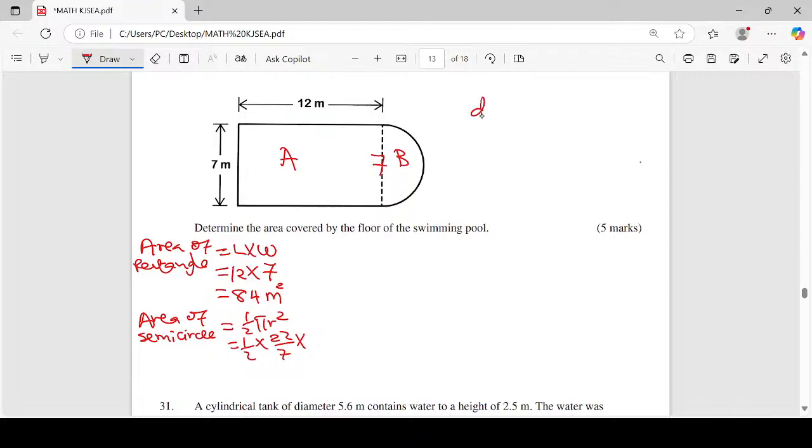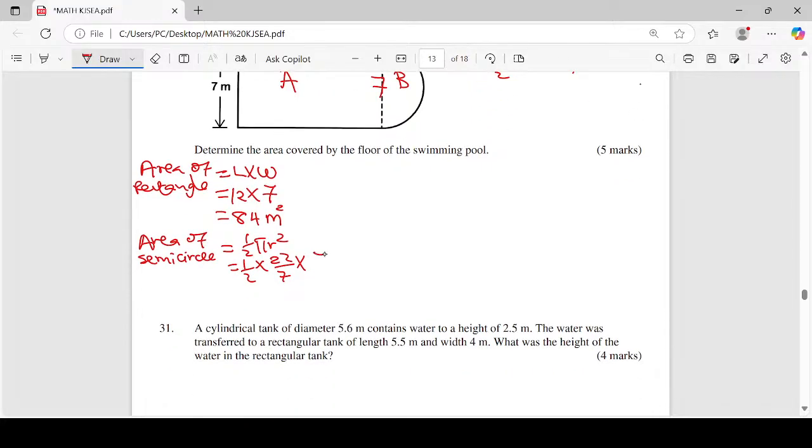If the diameter is 7, then the radius is 7 divided by 2, which is 3.5 meters. So with our calculator, that is a half times 22/7 times 3.5 squared. That is 19.25 square meters.